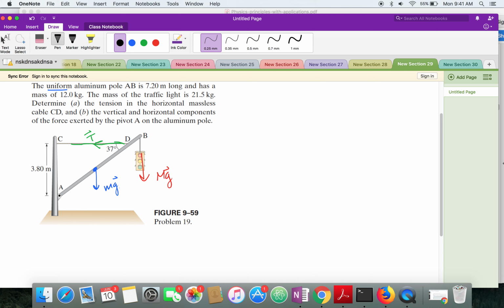But let's place it like this, I guess. Say it's like that. Sort of pushing back like that. Fn, we'll call that the normal force. Well, it's not really a normal force, right? The normal force has to be perpendicular to the surface, right? So the normal force is really like this. That's what makes it normal, right? There's a normal force going back like this, and there's also, well, there's two pieces here, right?